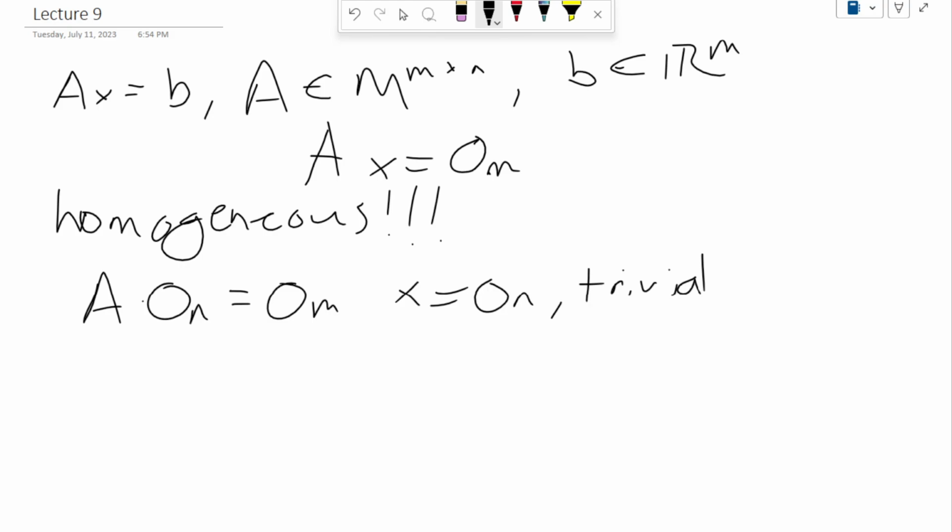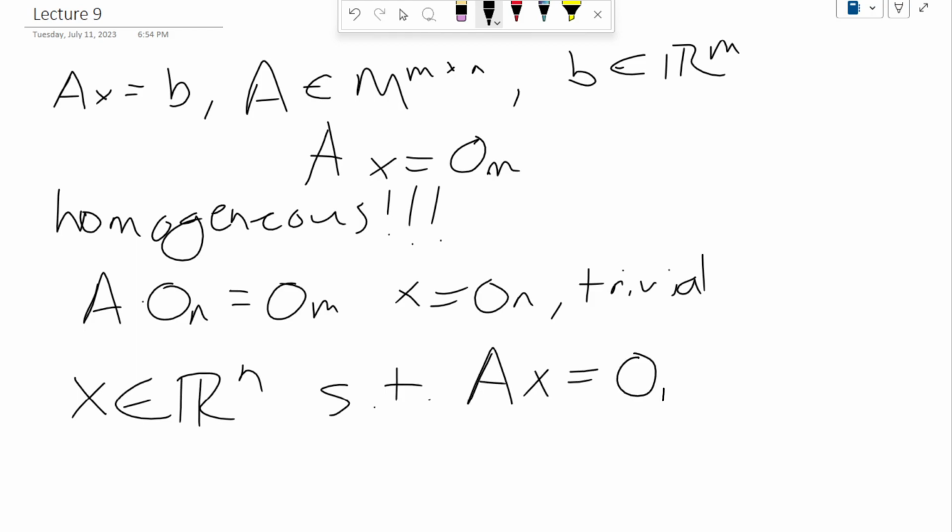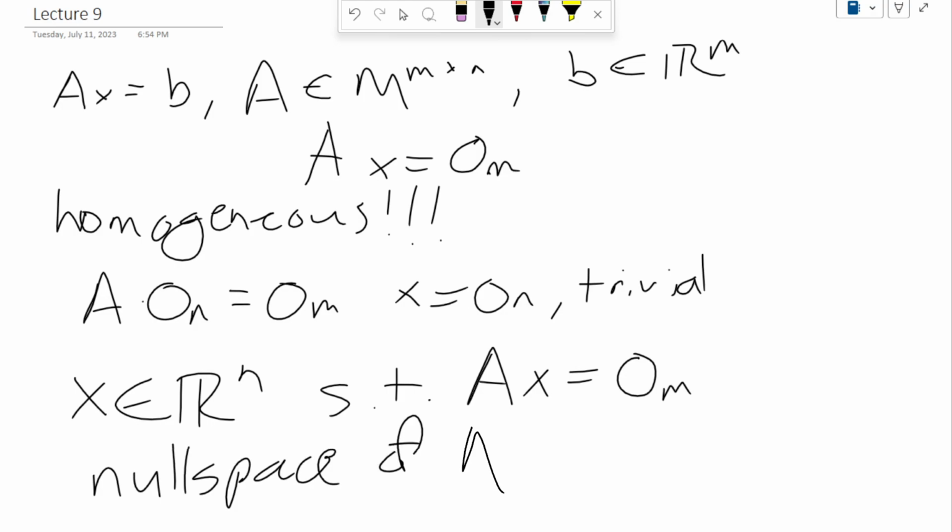And we will call the set of all solutions, the set of all x in R^n such that Ax = 0_m, the null space of A. Now, some people write null space as 2 words.